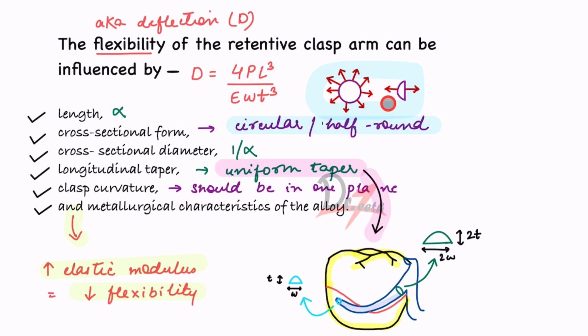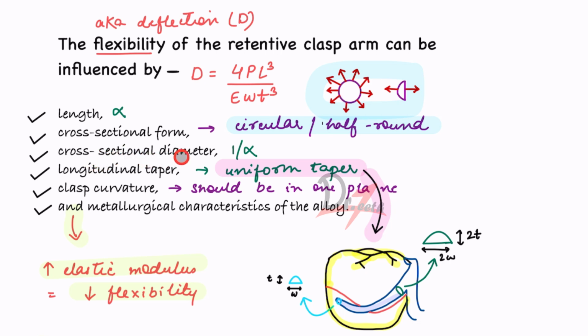But this half-round clasp can only flex in a plane that is perpendicular to this flat surface. So here the stress distribution is limited compared to the round one.